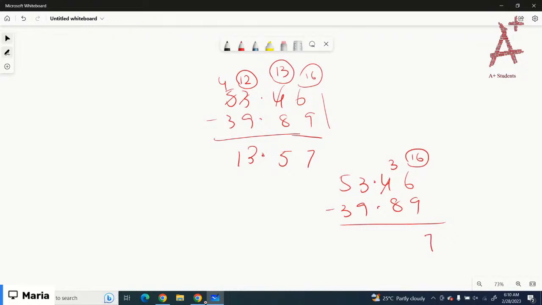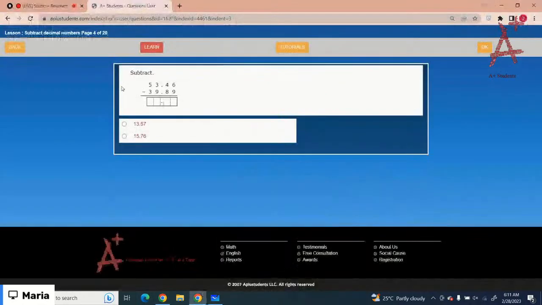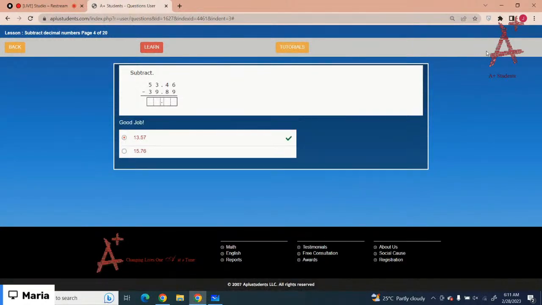You cannot subtract 8 from 3, so you have to borrow 1. Here you have 2 and here you have 1, so it would be 13. 13 take away 8 is 5. Again, you cannot subtract 9 from 2, so you have to borrow 1. It would be 12. 12 take away 9 is 3. You are left with 4 here, and 4 take away 3 is 1, so it would be 13.57. Got it? So the correct option is 13.57.